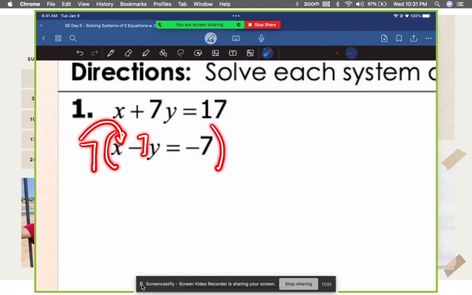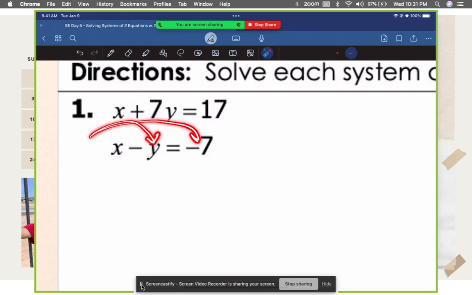So 7 times x, and then 7 times this y here, and then 7 times negative 7. That's a lot of work, okay? Whereas these x's already have the same coefficient, right? They both have a 1 in the front. So all I really have to do is change the signs of one of the equations. So I think that that's really what we should do, okay?